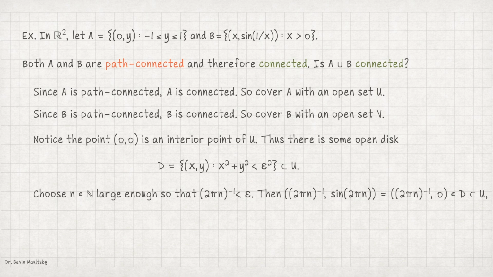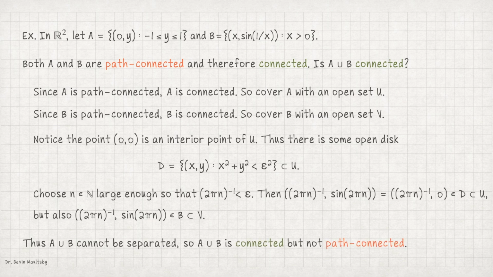Since that x-coordinate is between 0 and epsilon, that point that we map to on our sine wave belongs to D and is therefore covered by U. However, it's also part of the sine wave, so it belongs to B, which is being covered by V. Therefore, this point in that disk is being covered by both U and V.